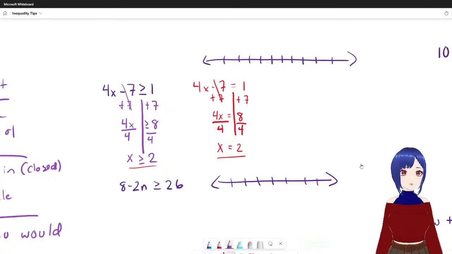So for our graphing, one part was to make sure you have variables on the left, which we do have. So we're going to graph x is greater than or equal to 2. I don't have my graphs labeled. I usually don't label them because I do a shortcut.